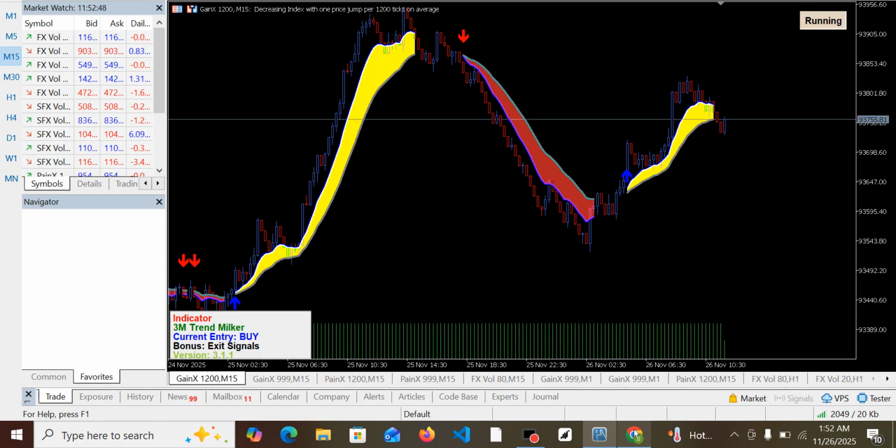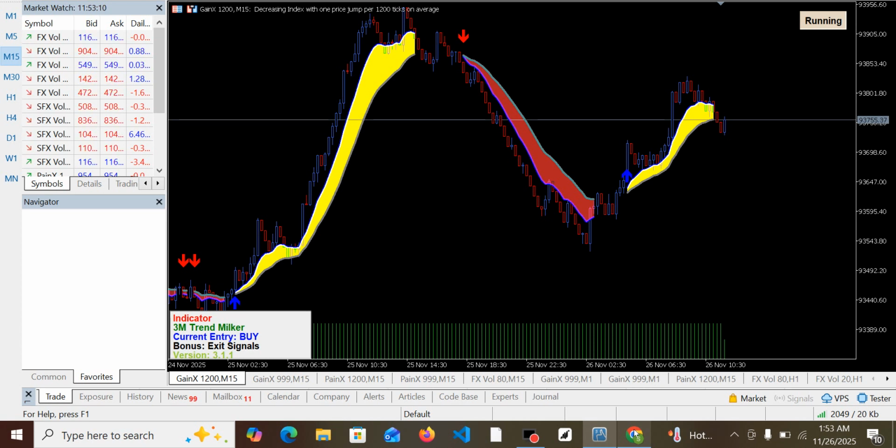Okay, so we will be checking out the assets on two different time frames. We'll first start with the 5 minute time frame and see how we can take advantage of the market using this trading tool. It is a non-repaint trading indicator and it is customized for your own account.